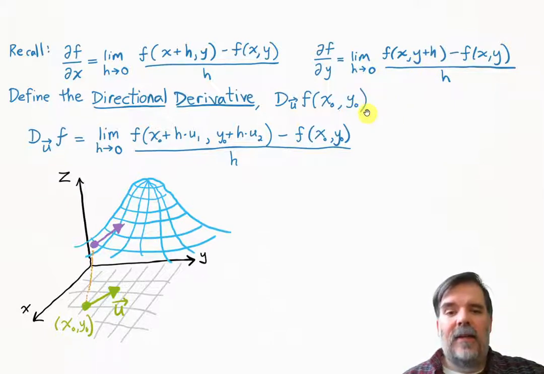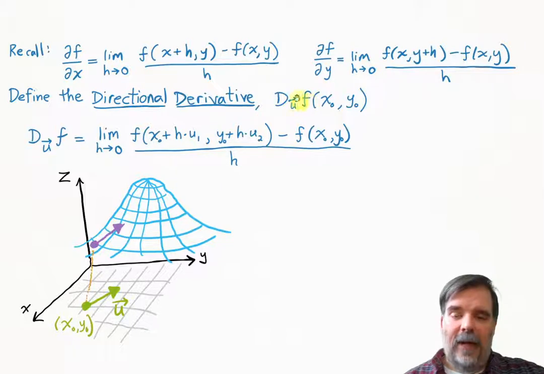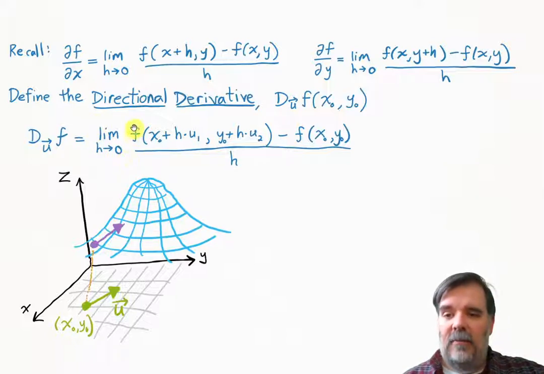Now, the way we'll define a directional derivative, rather than appending all the change to x or adding all the change to y, is this. We'll use the symbol D sub u of f, capital D for derivative, and the vector u indicating what direction we're calculating the derivative in. This will also be a limit as h goes to 0, but this time it's going to be f of (x plus h times u1, y plus h times u2).